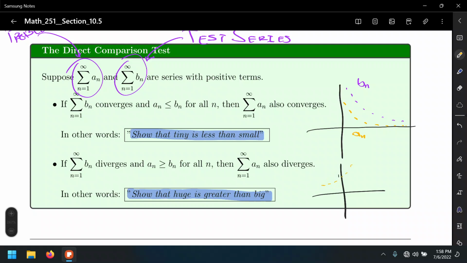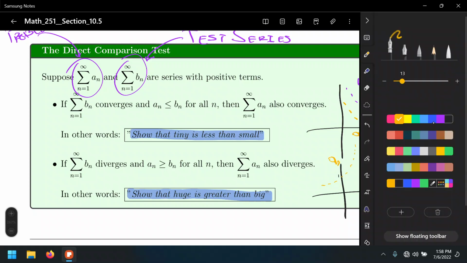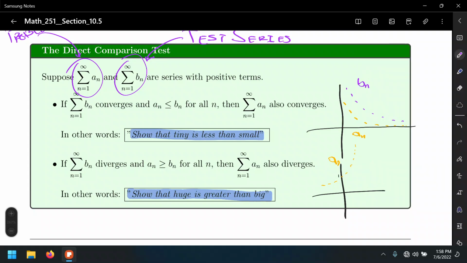So a sub n grows a lot faster with respect to b sub n. Notice both of them are blowing up to infinity. However, the problem is huge, but the one we compare it with is big. So that's the idea.